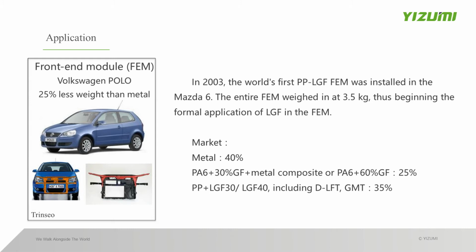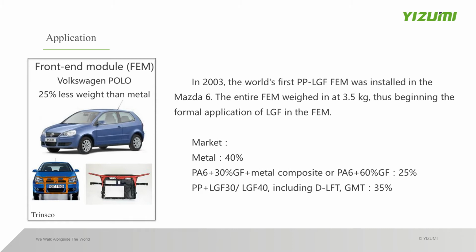And at the present stage, what is the market of front end modules? 40% still use metal material to produce front end modules. And 25% use PA6 with 30% glass fiber, or add some metal to mix as a composite. And 35% of the market uses PP with long glass fiber, maybe with a glass fiber content of 30% and 40%. That's good news for us. We have this big market here.